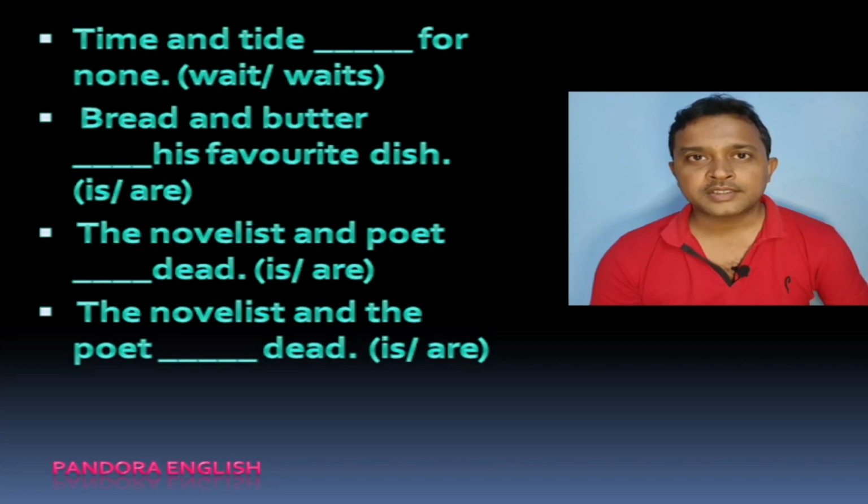Now look at these fill in the blanks questions and try to guess the correct answers. Remember that if two or more singular nouns are joined by and, but they express a singular idea, the subjects will require a singular verb.